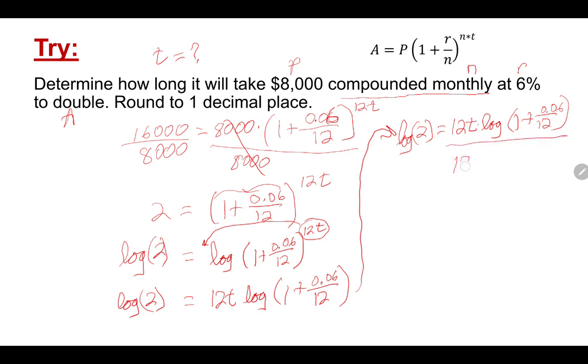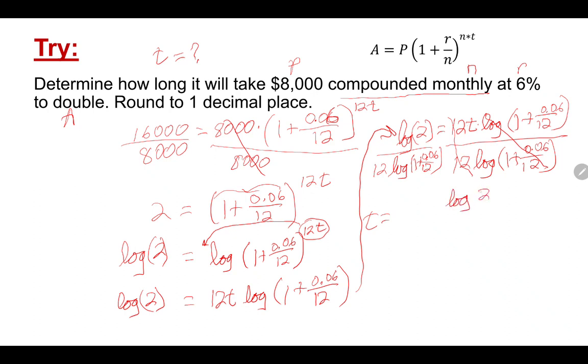So I'm going to divide by 12 log 1 plus 0.06 over 12. And I'm going to do the same thing over here: 12 log 1 plus 0.06 over 12. All right. This filters off, and this filters off. Those become 1.